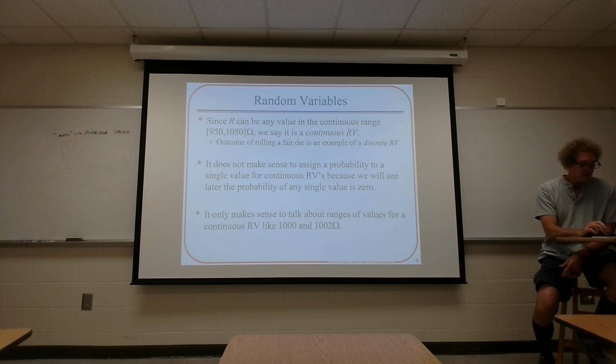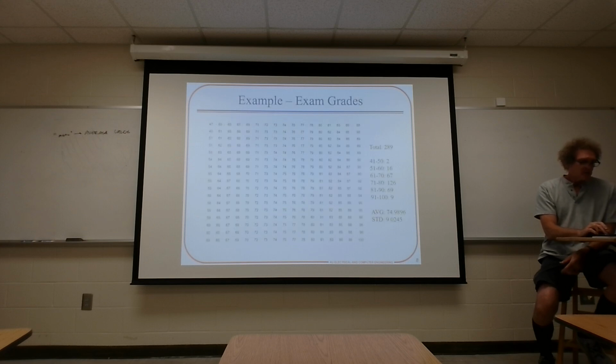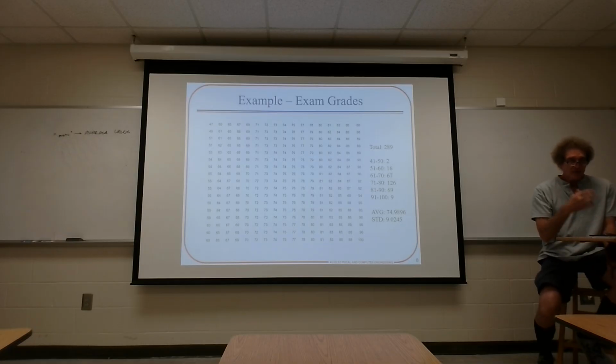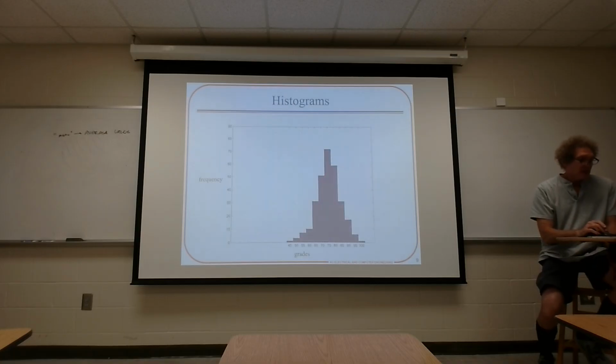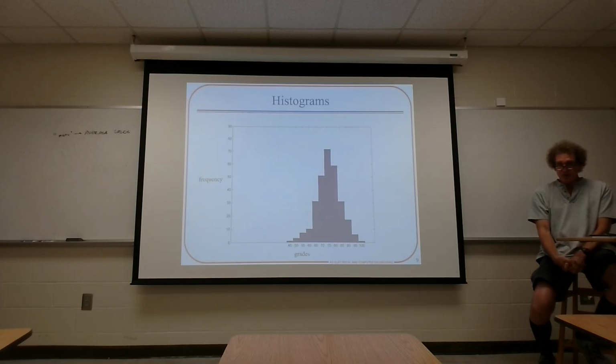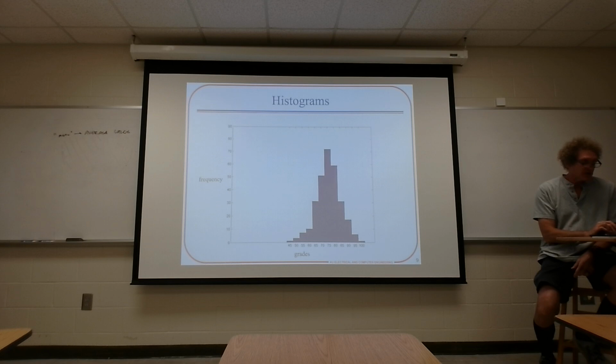That's an obvious fact. Here's something that you're familiar with: exam grades. I don't know if professors put up the exam grades for everybody and try to show information about it, but this is common, I think, in liberal arts, where they try to show the people all the scores. That doesn't do much for you, looking at a whole bunch of numbers, but this is how oftentimes it's shown. And I got to make this point. When you see a histogram like this, what you're seeing is something very interesting.